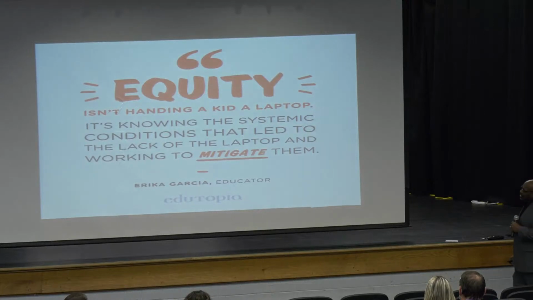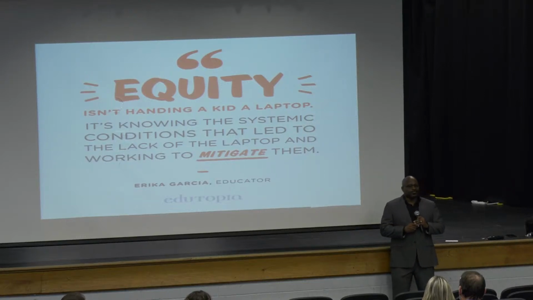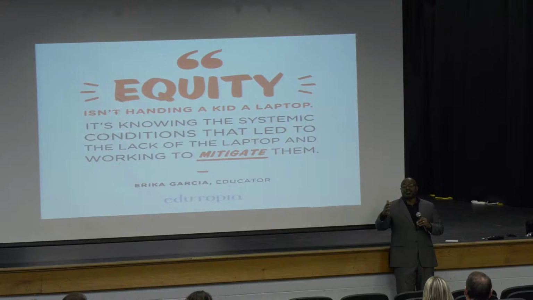Equity isn't handing a kid a laptop or a hotspot. It's knowing the systemic conditions that led to the lack of a laptop and working to mitigate them. So when COVID came, we gave everybody a device and a hotspot and assumed we met their equity needs. No, we just got started. And what COVID did for poor white children, African Americans in general, Hispanics and things like that, it exposed the inequities that are already there.